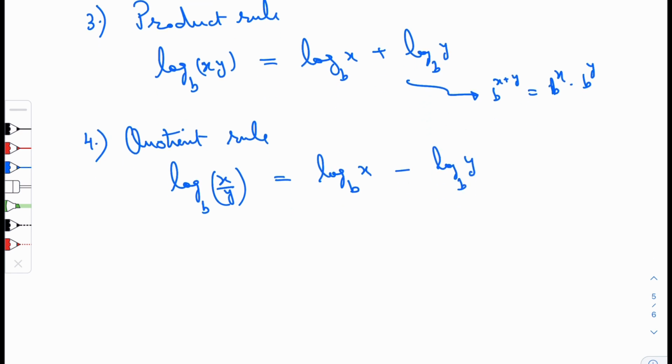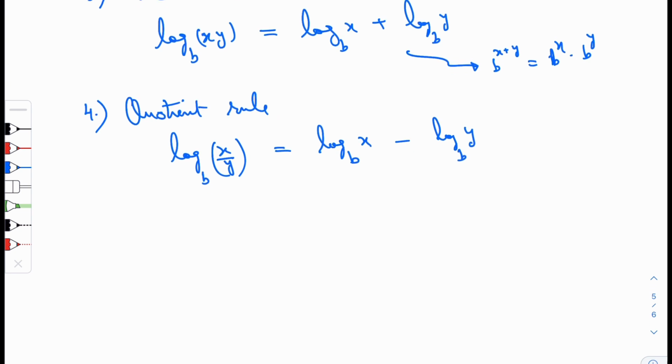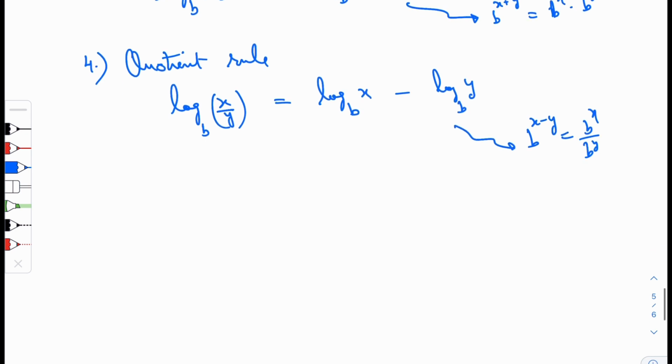So multiplication converts into addition, and the quotient converts into subtraction. And we can guess that it obviously comes from the corresponding exponential property: b power x minus y is b power x over b power y. So it's just a conversion of this thing.